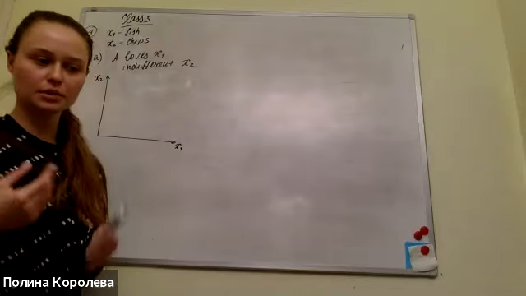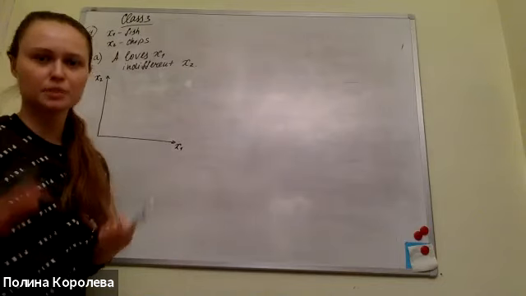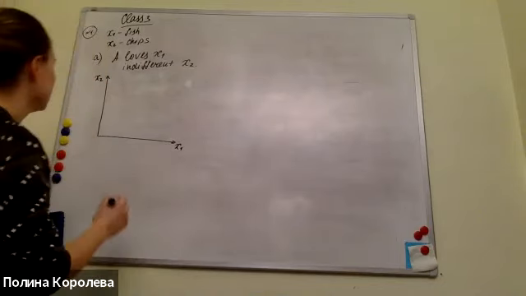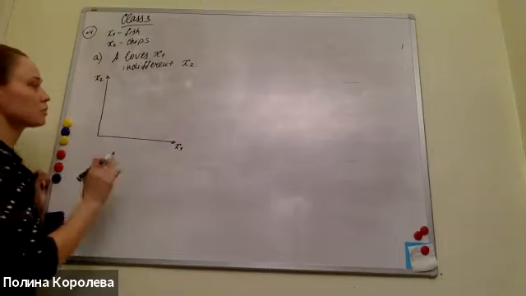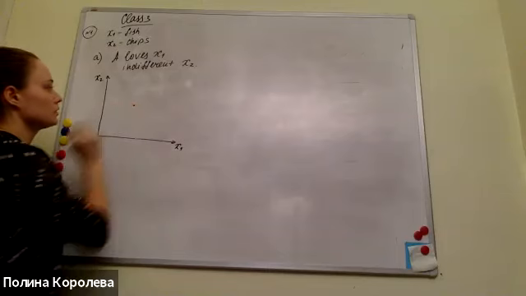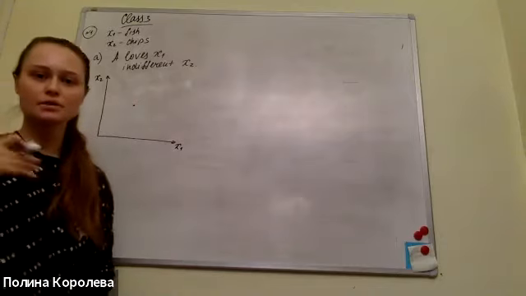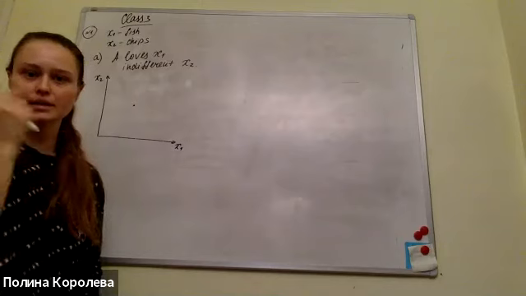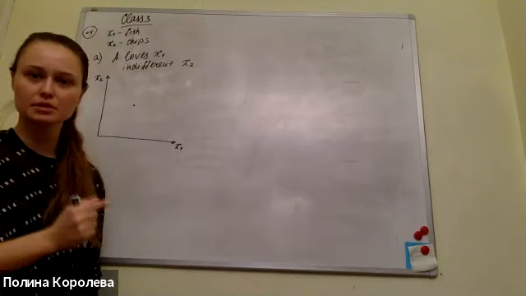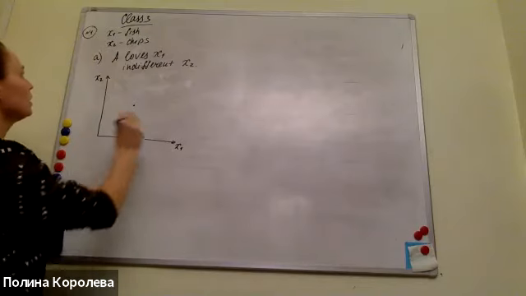For each of them, we will get the same level of utility, the same pleasure, the same net benefit, something like that. So how to draw it? Let's take any bundle, put the point, and we should find another point that will lie on the same indifference curve, that will give us the same pleasure, the same utility level.